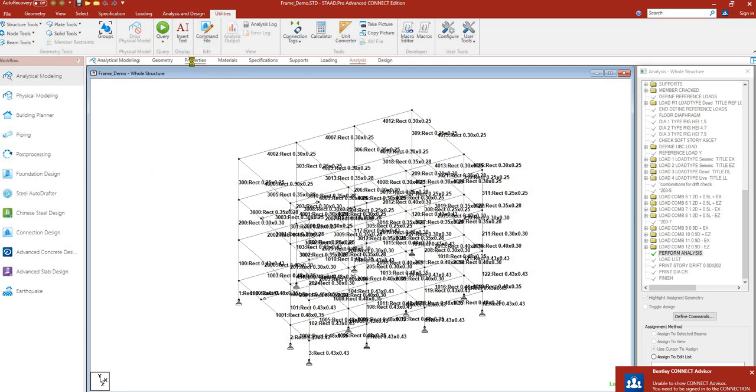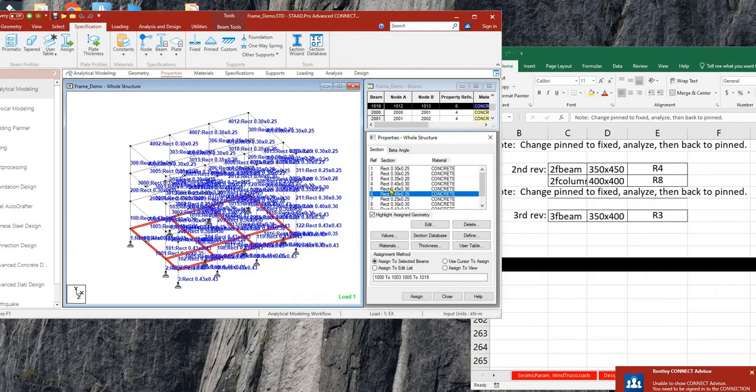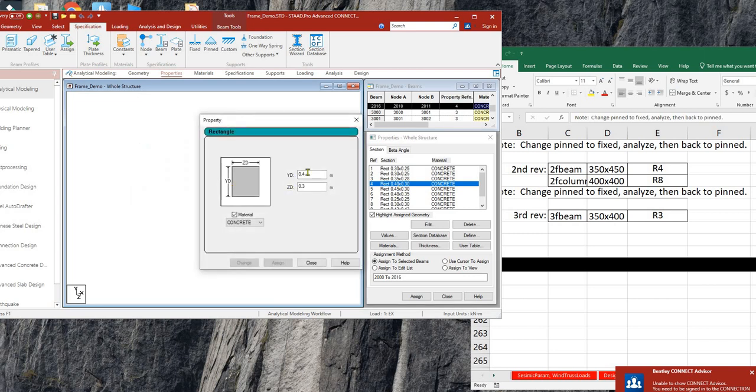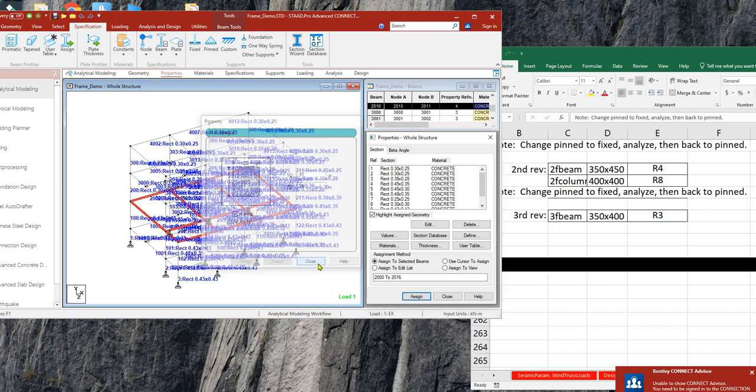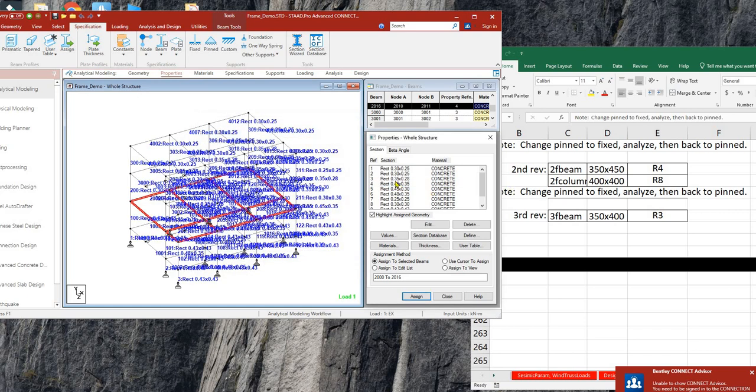So, sa properties, change natin si second floor beams. Ayan siya. Gawin natin siyang 0.45 by 0.35. Change. Tapos, si second floor columns.